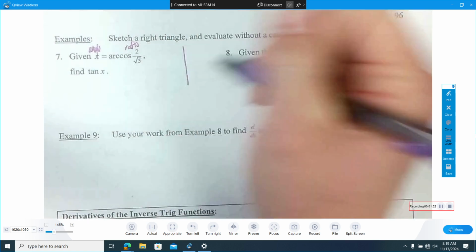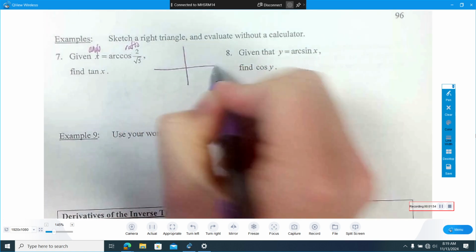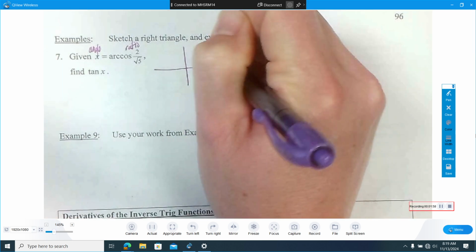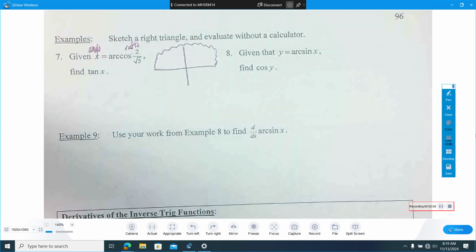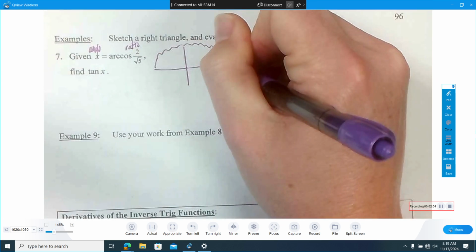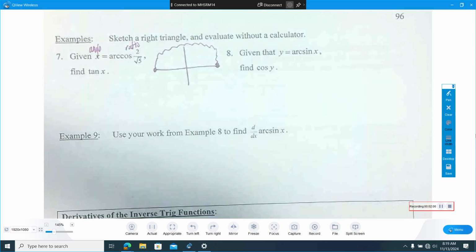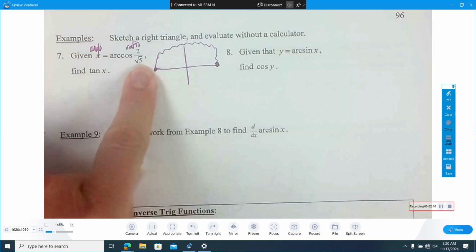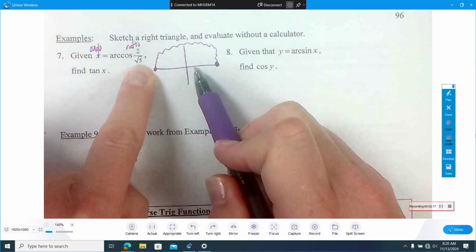Because it's cosine, arc cosine has to come from the top half of the unit circle, so I'm only looking at the top 2 quadrants between 0 and pi. These numbers, 2 and radical 5, are both positive, so I'm going to draw them in quadrant 1.